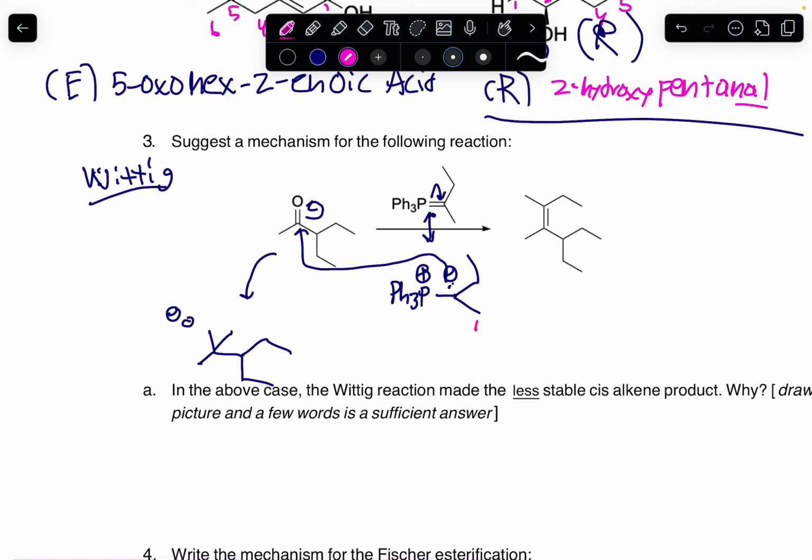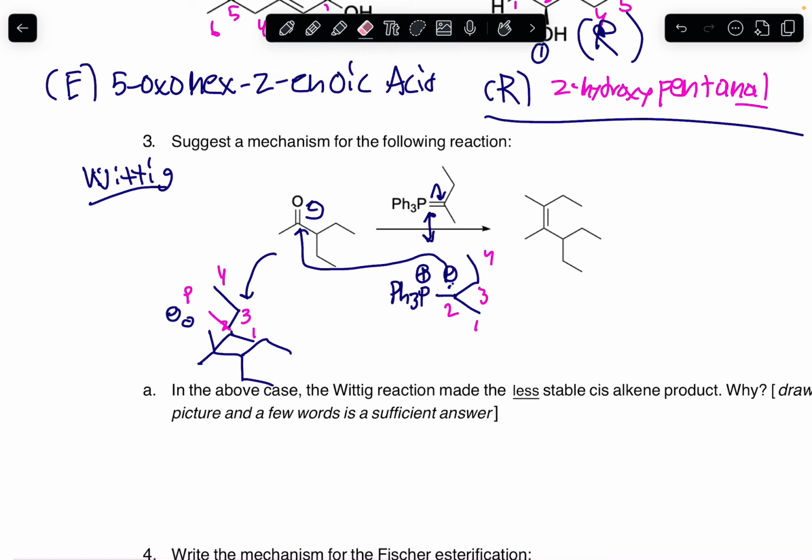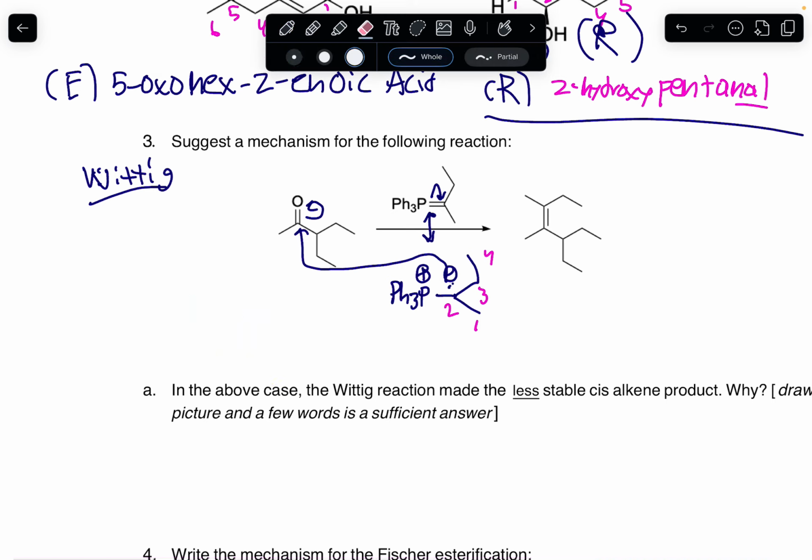So important to number your carbons here so you don't screw it up. So we're attacking at the 2 position. And then we'll have 1, 3, and 4. Like that. Actually, this isn't super well drawn, to be honest, so I'm going to redo it.